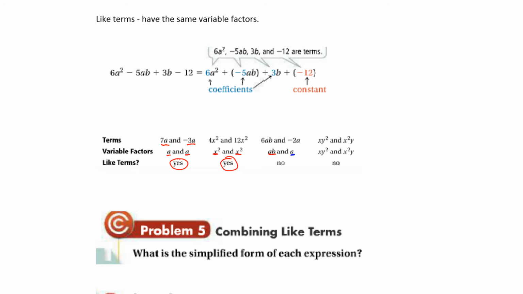They are not alike, so therefore they are not like terms. And if we look at the last example, xy squared and x squared y, again, are not the same, so they are not like terms.